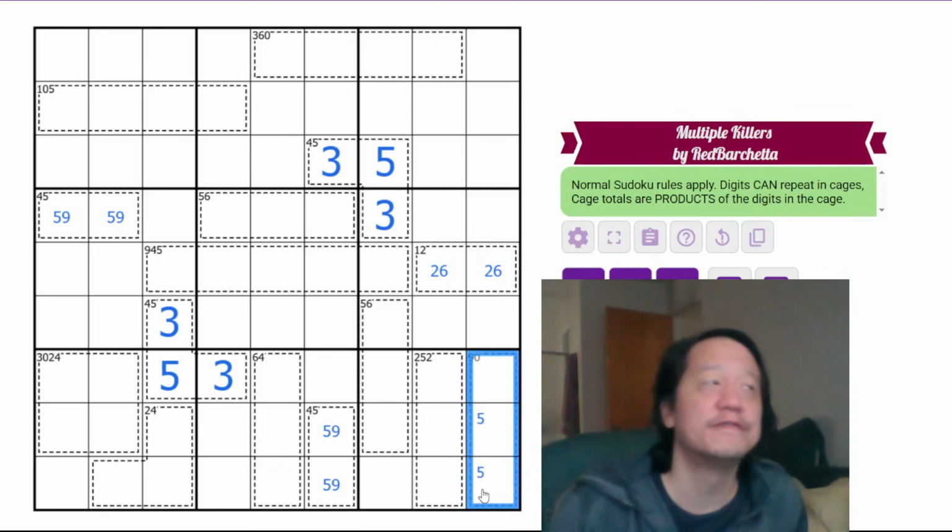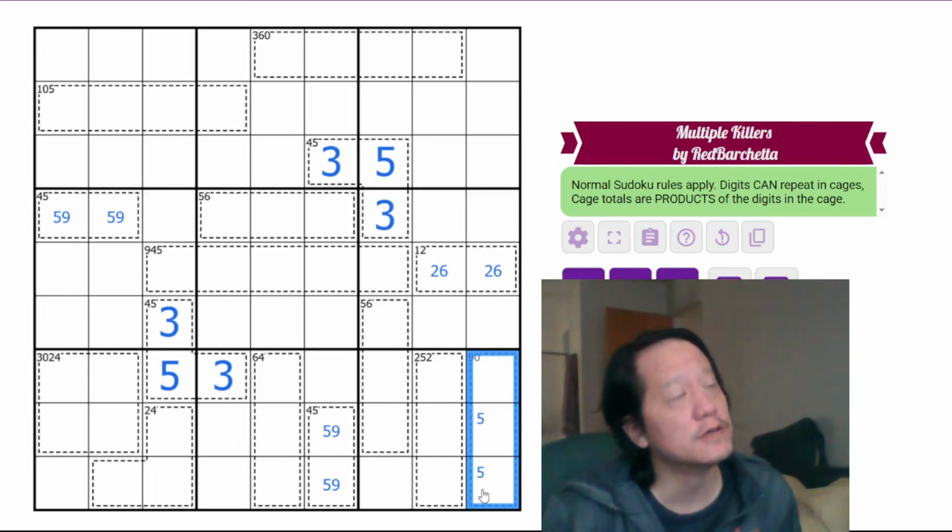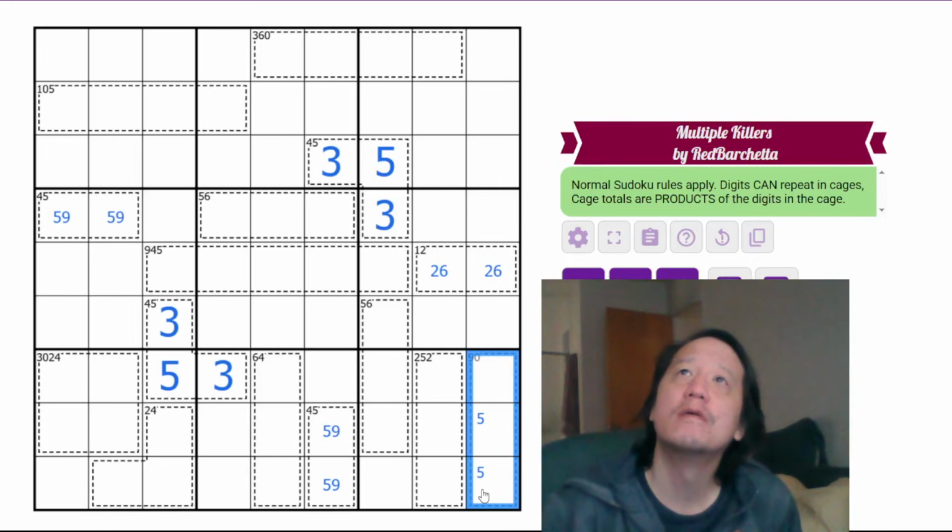90 divided by 5 is 14. Is that right? No, 18. So to get to 18, it's 2 times 3 times 3.